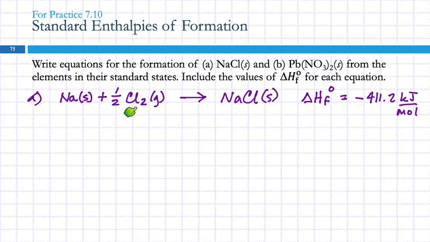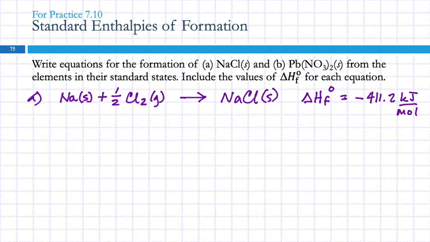So there's a bond between these two chlorine atoms in this molecule. That has to be broken. That requires you to put energy in. But here, when we form this ionic bond between sodium and chloride ions, that's very strong. And so that results in the release of a lot of energy. And we will talk a little more about that later.